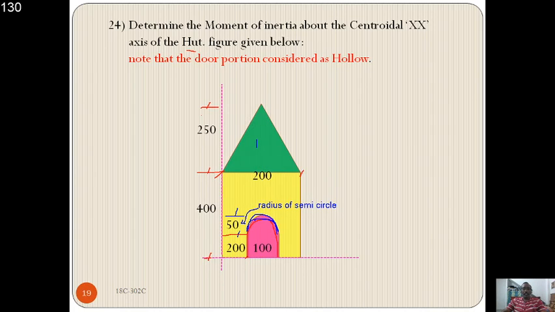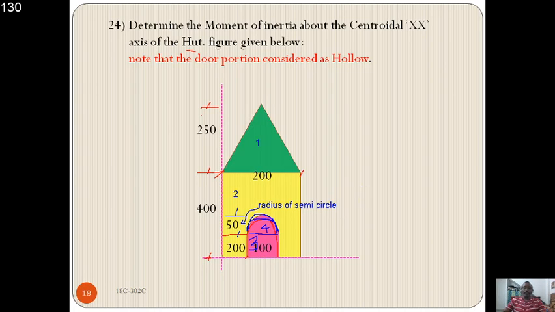So in this one you can find four parts. The first part is this one. The total rectangle portion, this entire 400 by 200, is the second rectangle portion, and this one is the third, up to this portion. The semicircle is the fourth one.